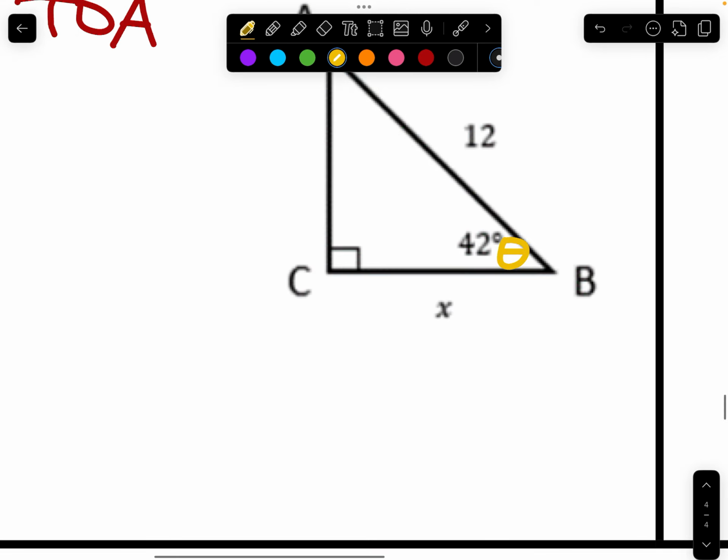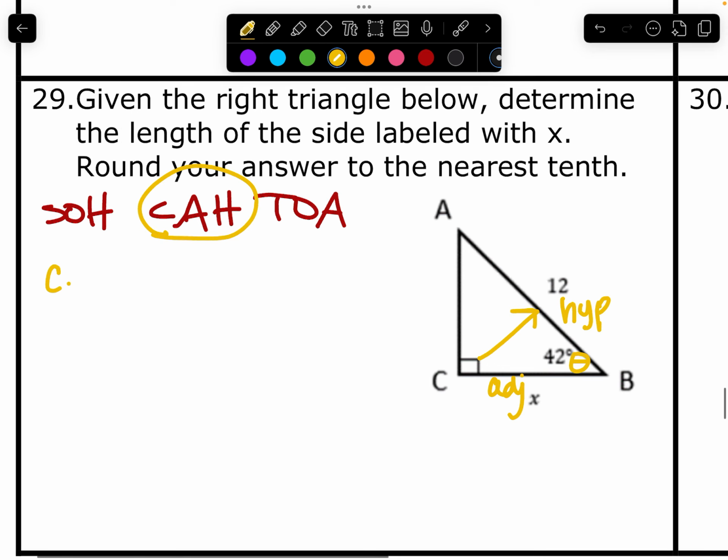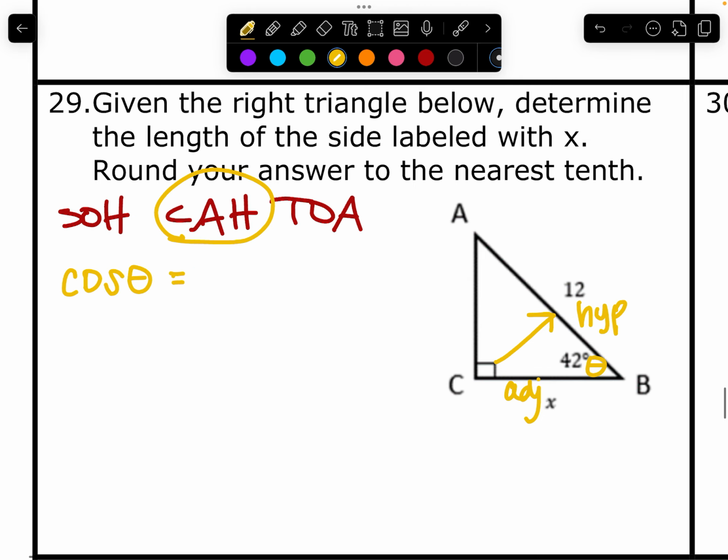This is the hypotenuse. And this is the adjacent side. Which one of these uses hypotenuse and adjacent? That would be cosine. The C of CAH stands for cosine theta. The A stands for adjacent. And the H is hypotenuse.